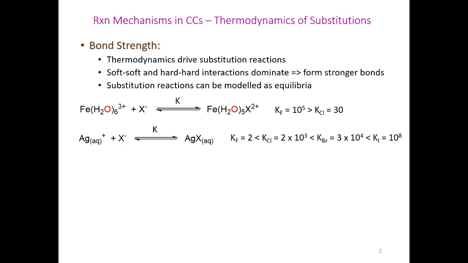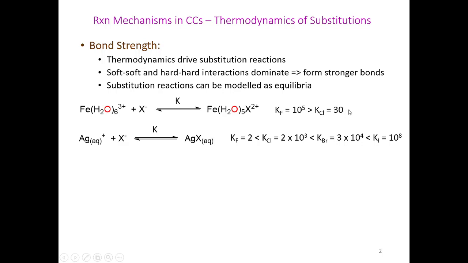And the direction of the reaction, or how heavily it is to one side or the other, depends on the equilibrium constant. Looking at these two cases here, with this hexaaqua iron 3 species and this silver 1 species, we can see that for iron, the equilibrium constant for the ligand substitution of a fluoride for a water ligand is 10 to the power 5, so that's very favorable, versus chloride, doing the very same ligand substitution, it's much smaller, it's 30.